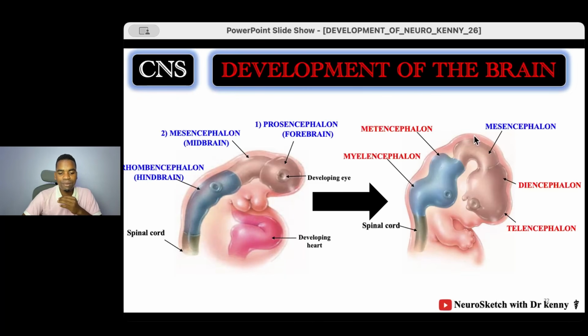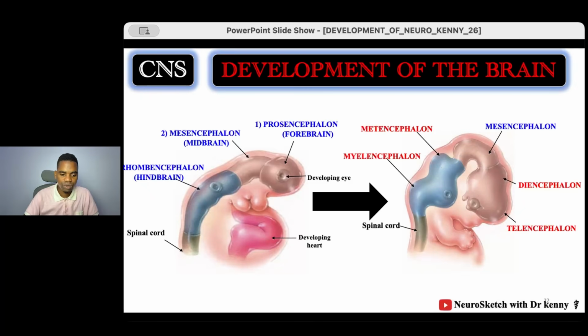These are called the secondary brain vesicles, and this is the spinal cord. Remember, we're talking about the brain, and this spinal cord is developing from the caudal end of the neural tube, but here we are at the proximal or the cranial end.